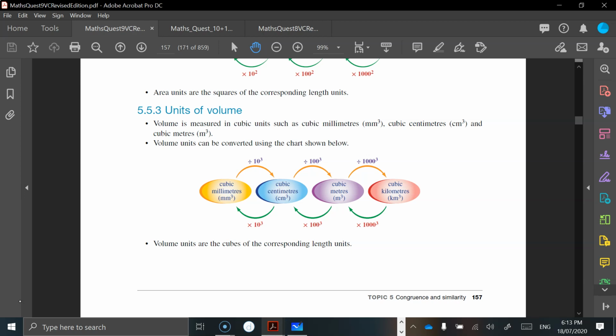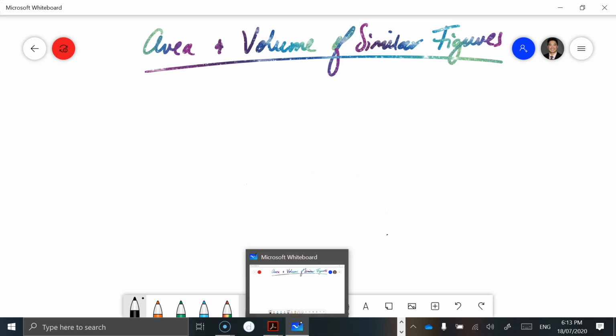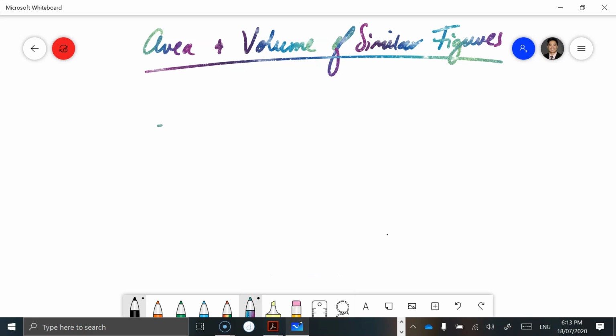Now what I want to exercise is this whole idea of scale factor as well. Let's say we've got 2 squares.